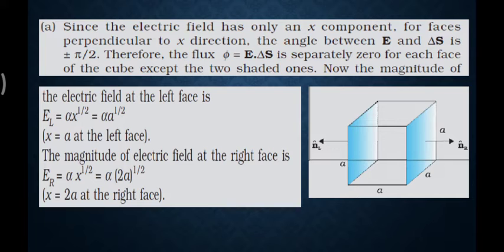Here we have one cube, so E and delta S make an angle of 0 on this face, and on the other surface the surface vector is in this direction and the electric field is in that direction, so this makes a 180 degree angle. Is it clear?